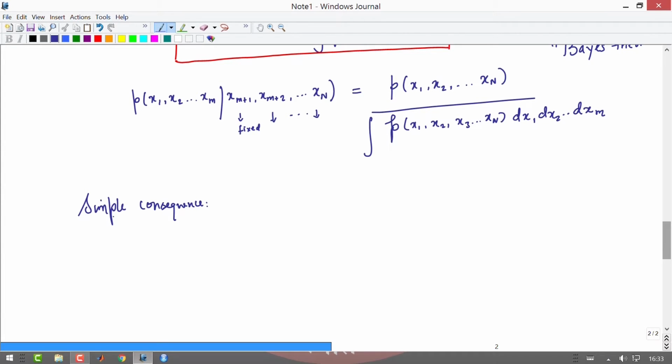Okay, so if x1 and x2 are uncorrelated, then the unconditional probabilities are the same as the conditional probability. Okay, so I'll first state the theorem. This applies to n random variables. I'm just proving it for two variables.